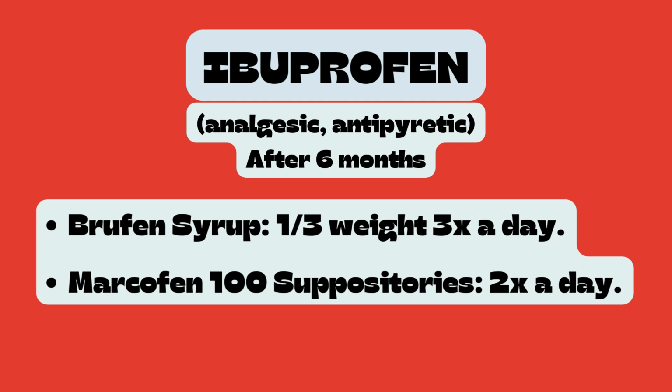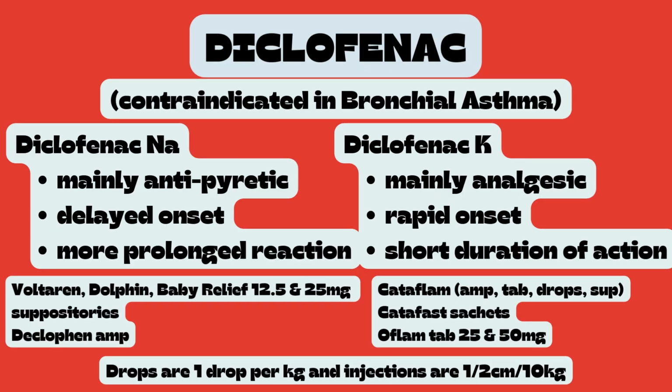The next analgesic antipyretic we have is diclofenac. Diclofenac is contraindicated in bronchial asthma and should not be used before 1 year of age. We have 2 types of diclofenac. We have diclofenac sodium and diclofenac potassium.